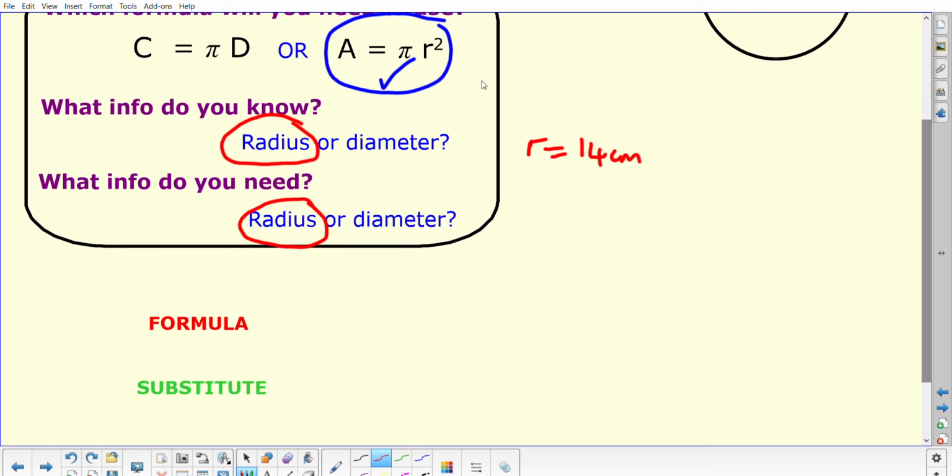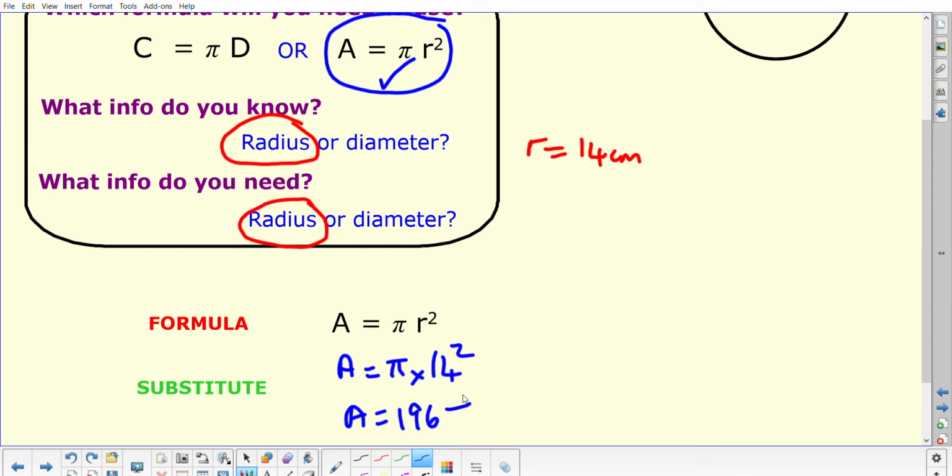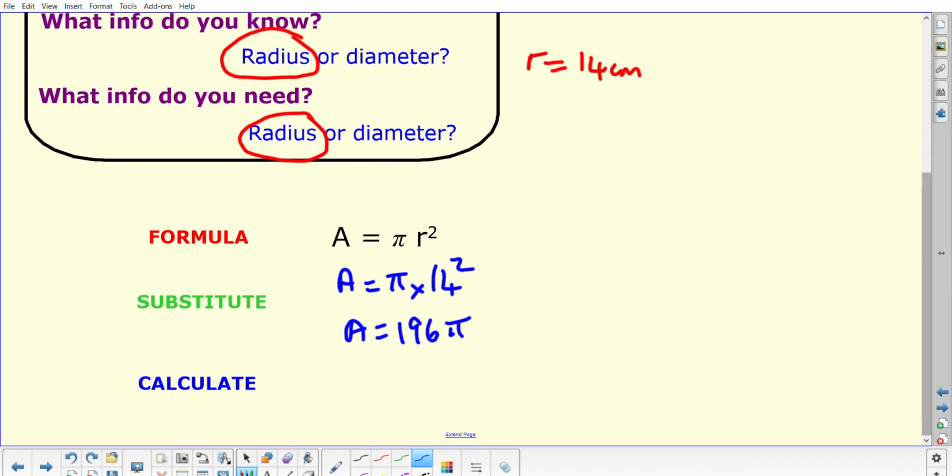So for this one, your formula, you start with area equals pi r squared. You're then going to substitute into that, so you're going to have area equals pi times 14 squared. That would come up on your calculator display as 196 pi.